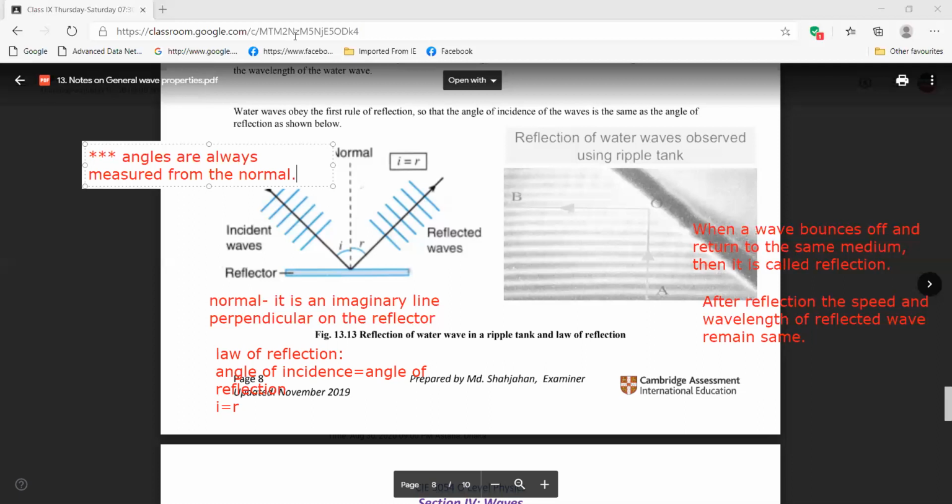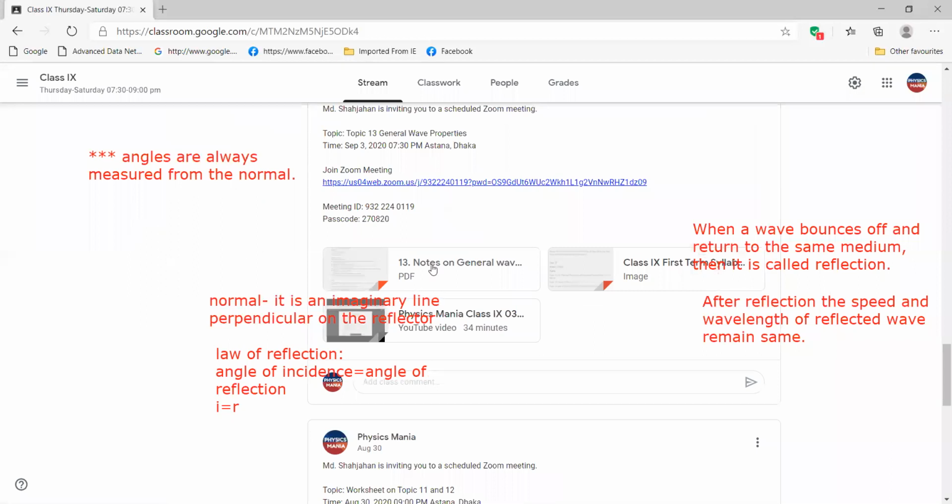Now we will do refraction. Are you done with drawing and writing everything?